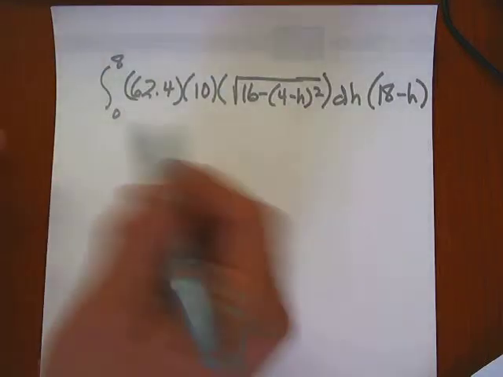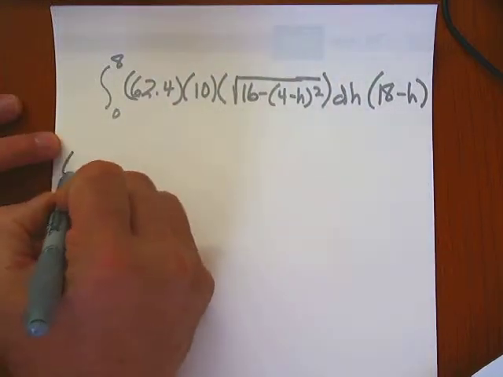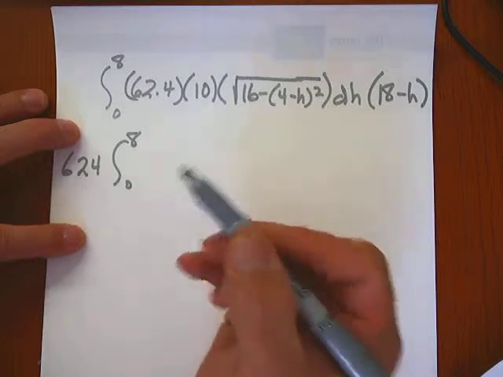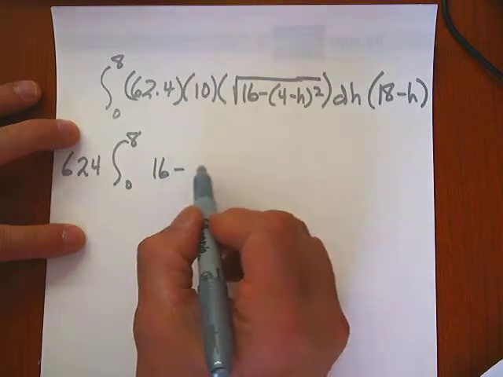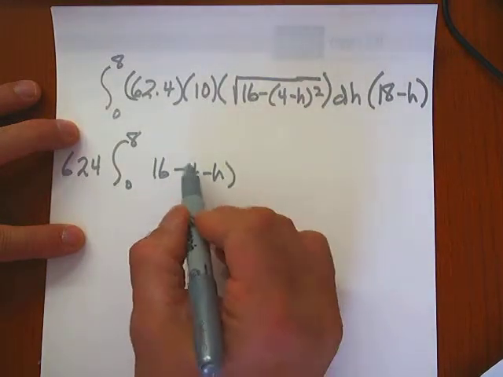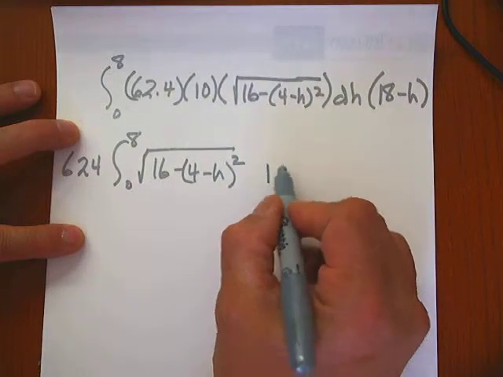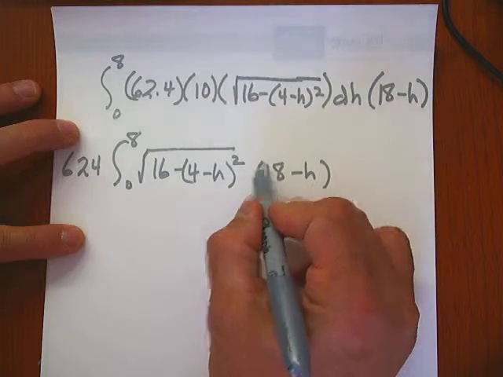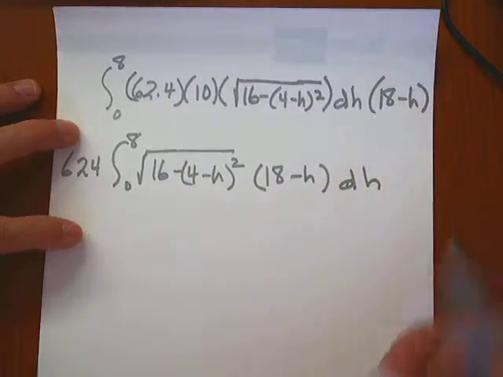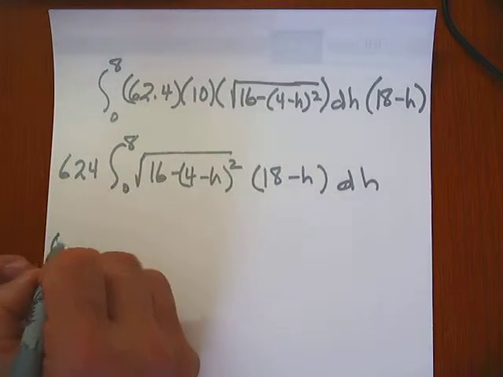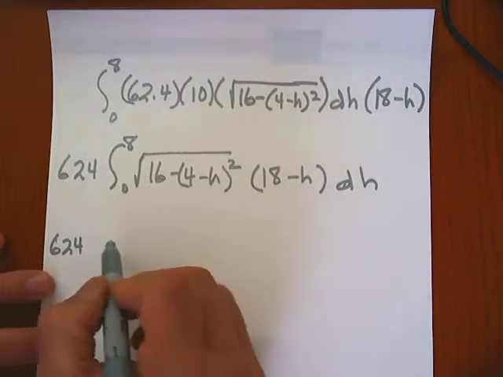Most of the time in these problems, they just want you to set up the integral or the antiderivative. So I'm going to go ahead and pull out the 624, 0 to 8, of 16 minus 4 minus h quantity squared times 18 minus h dh.